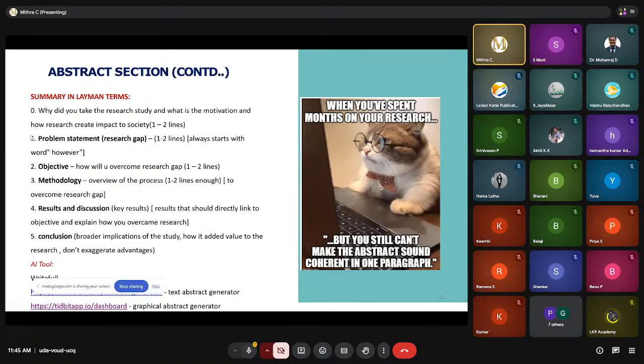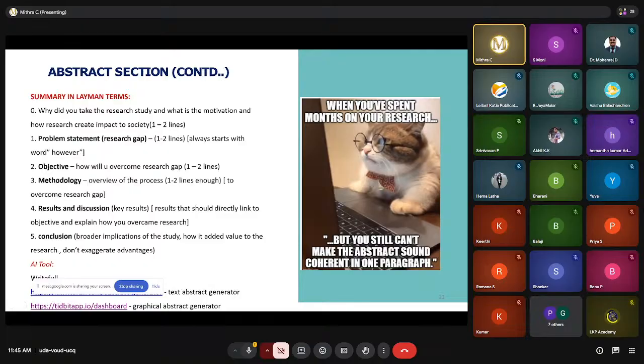First of all, there are only 5 points to be written in the abstract. Let me tell you. Why did you take up the research study, what is the motivation, and how does that research create an impact on society? 1 to 2 lines should be written there, followed by the problem statement.